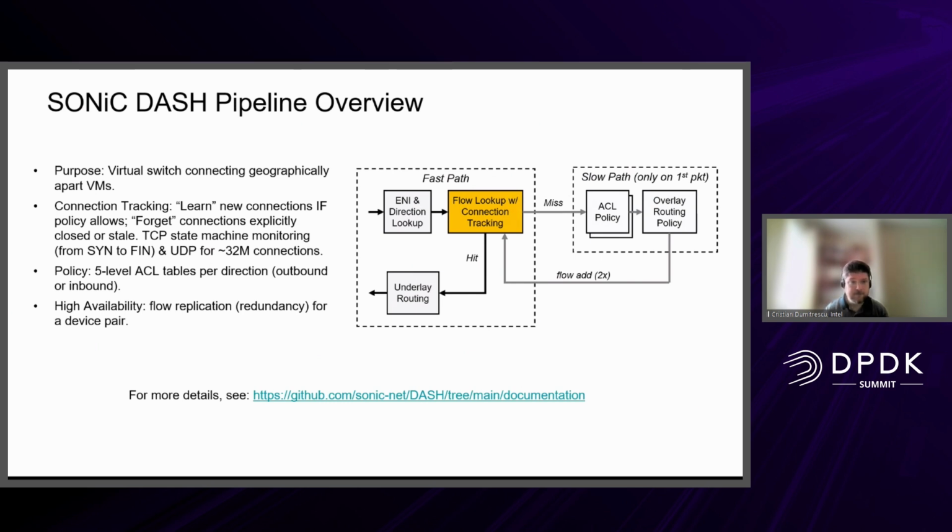So the main blocks here are essentially the flow lookup with connection tracking. Basically, one VM initiates a connection, it sends packets to another VM. That VM needs to reply back with a packet. We can focus on the TCP use case, which is more connection oriented as a protocol, right?